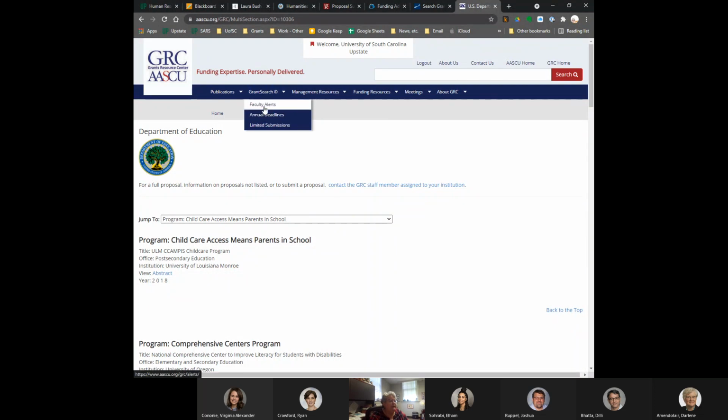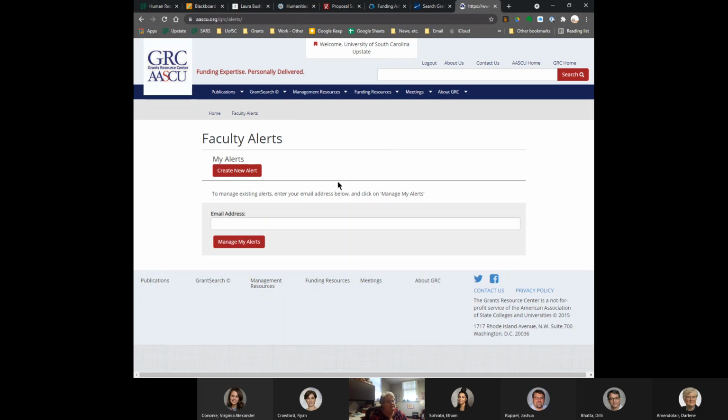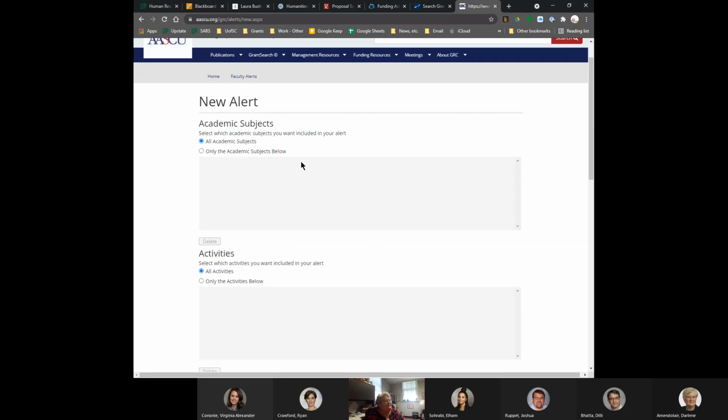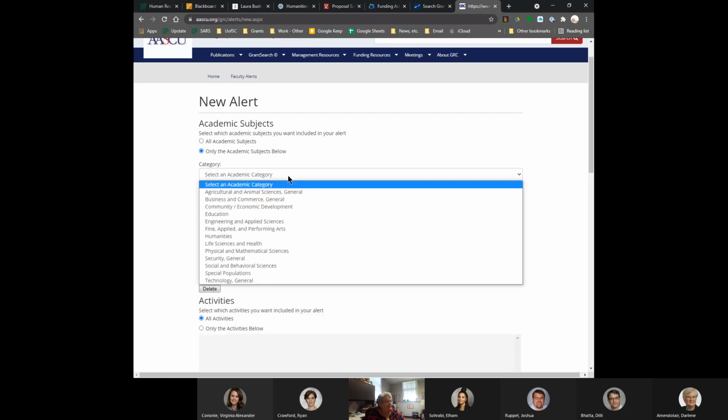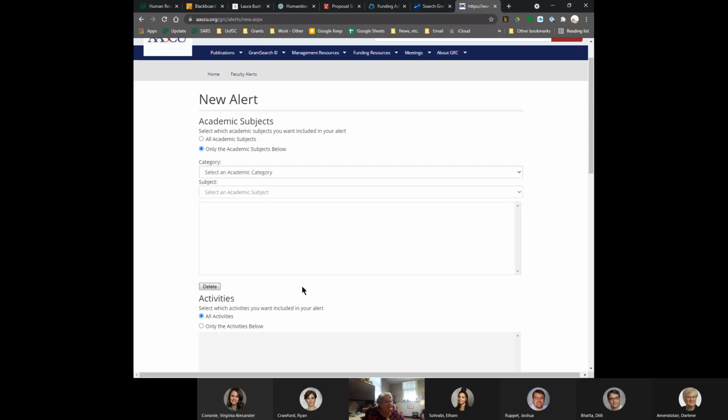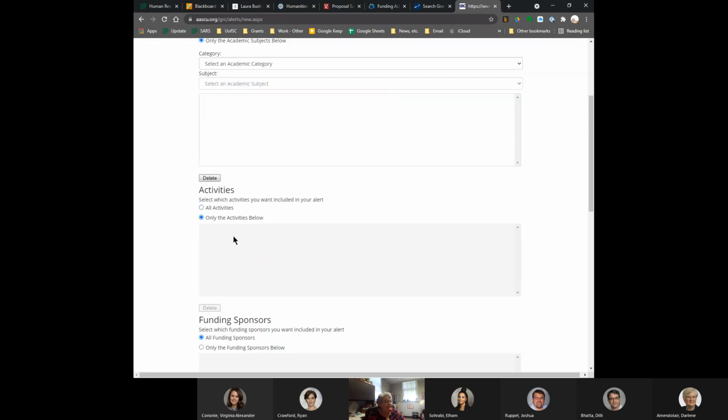And then the grant search. The other thing that I do want to mention quickly is that I can set up faculty alerts for you in Grants Resource Center. And again, I need to set it up for you, but I can do that. And again, a lot of the same kind of things, but you can limit by academic subject areas, by activities.